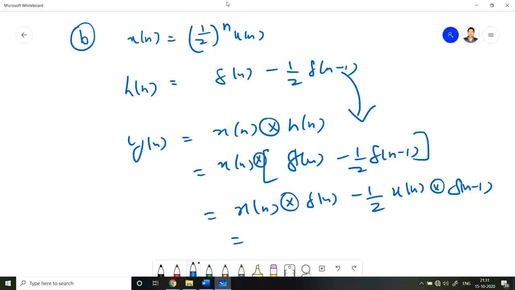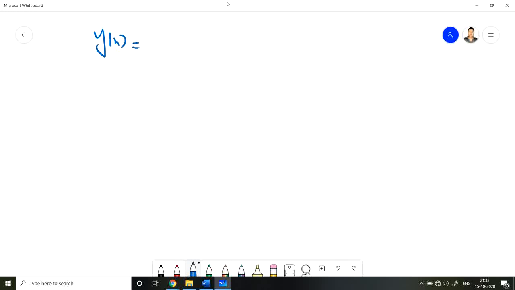Now what is that? It is xn only, and it is 1 by 2 xn minus 1. Now what is our aim? Our aim is to find the value of yn, but xn is also given. So putting the value of xn here, what we will get?